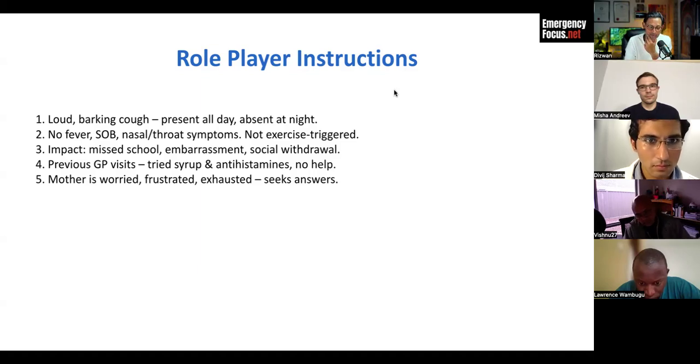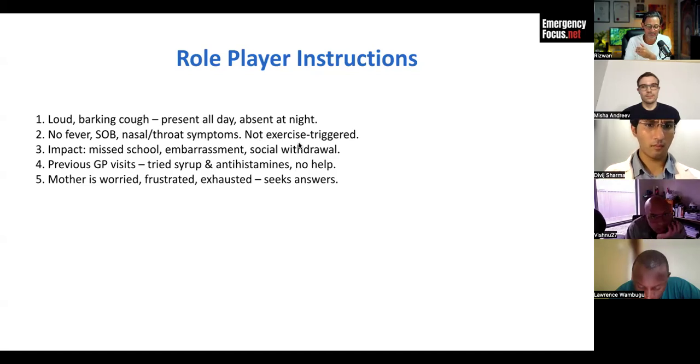That is also very important. So loud barking cough, that is what the role player actor would say. There's no associated fever, shortness of breath, post-nasal drip, or nasal throat symptoms. There's no frequency, there's no association with exercise. And obviously, there would be some other issues surrounding the social aspects, which means social withdrawal. There would be some lack of attendance at school.